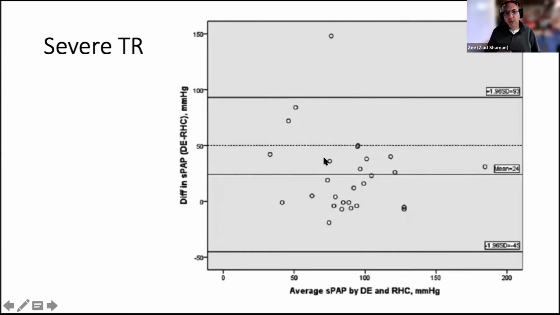So what happens with TR is that with the turbulent jet, you might not catch the fastest speed. And also, it looks like the turbulence results in an erroneous signal because there is more flow happening in the right atrium that's not related to the jet across the valve. So it's not really the right atrial pressure prediction from the inferior vena cava. It's actually the turbulence that's happening in the right atrium.